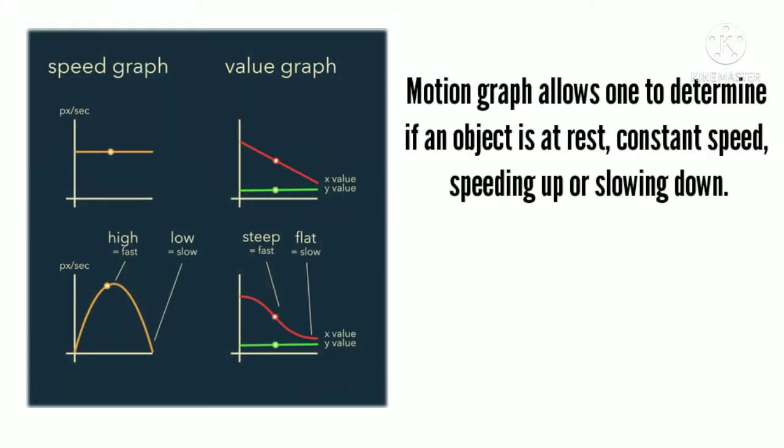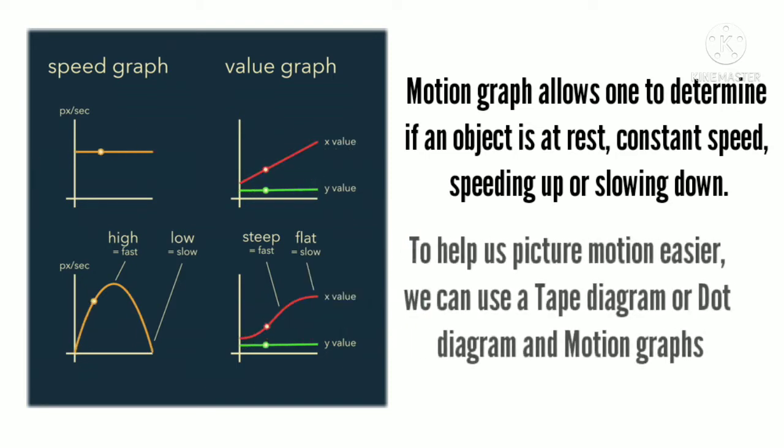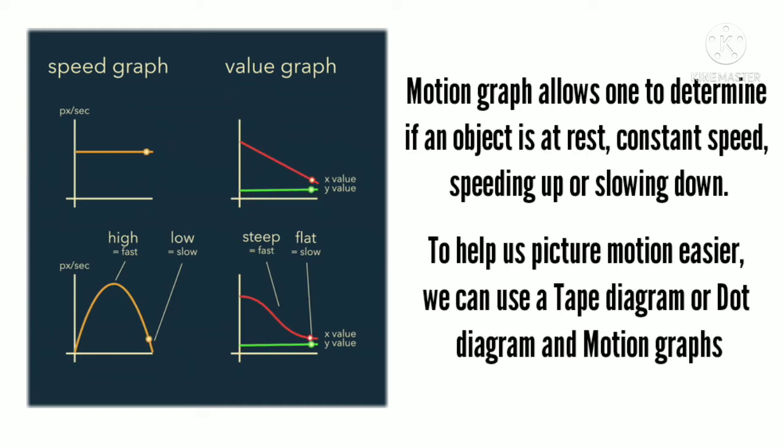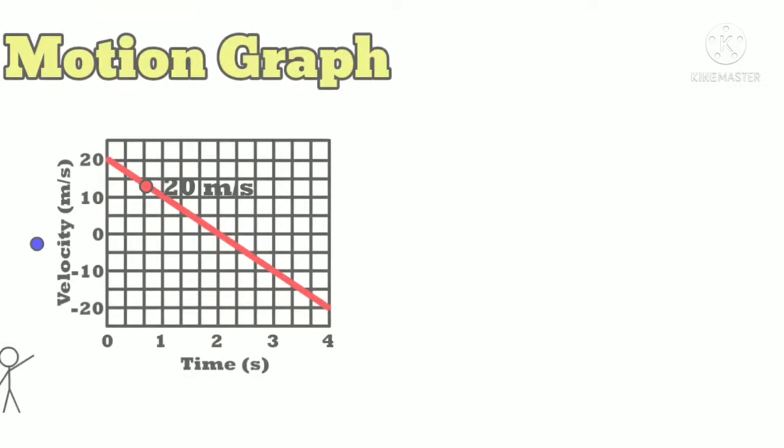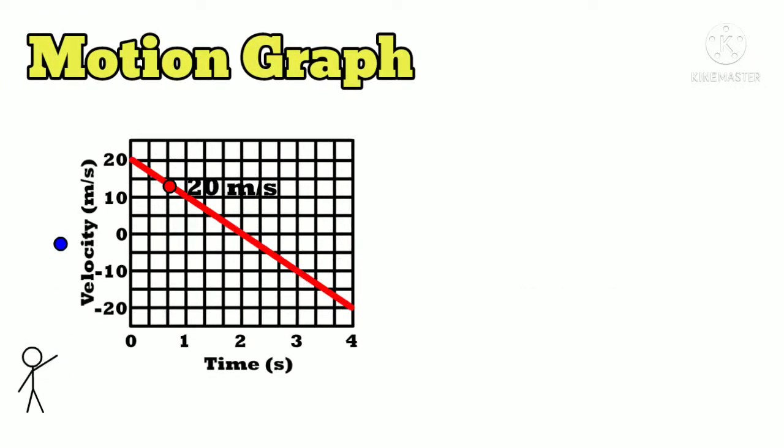Viewing an object on a motion graph allows one to determine if an object is at rest, at constant speed, speeding up, or slowing down. To help us picture motion easier, we can use a tape diagram or dot diagram and motion graph. Let's start with motion graphs.